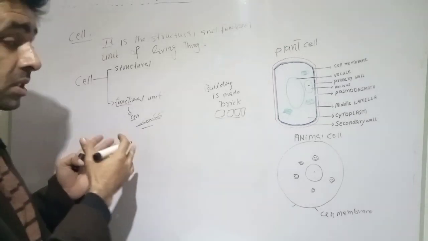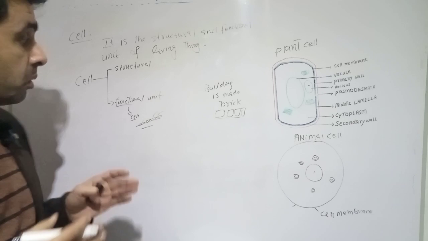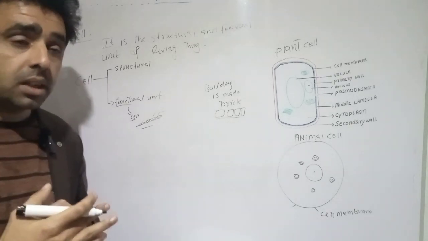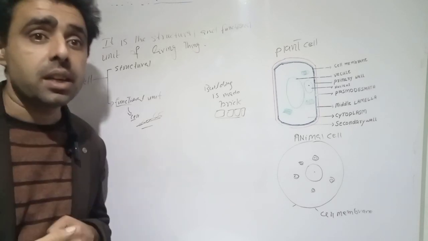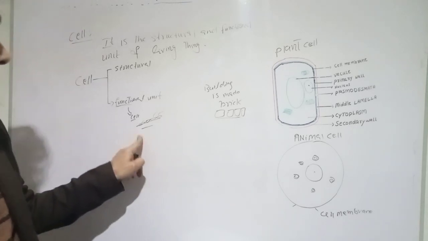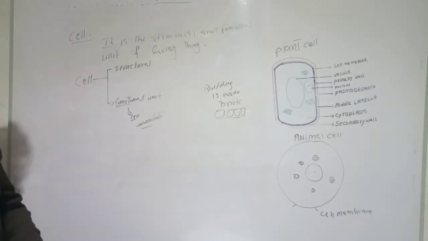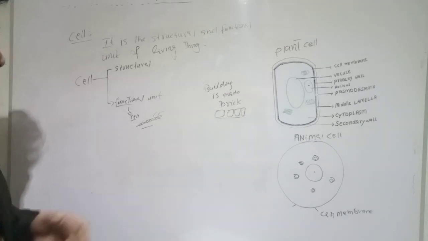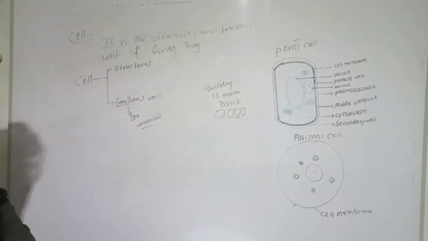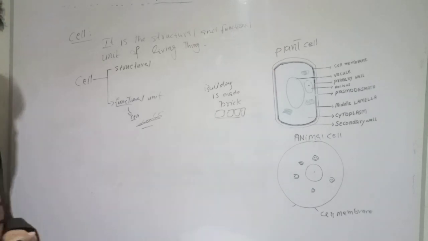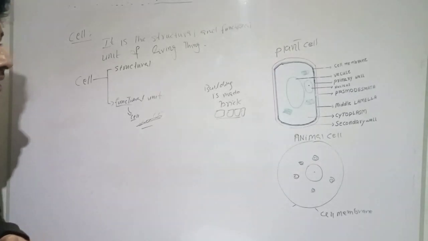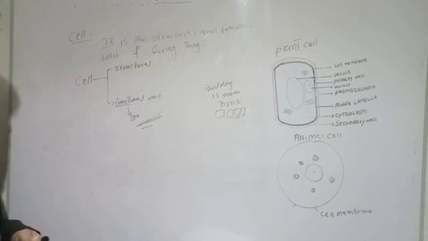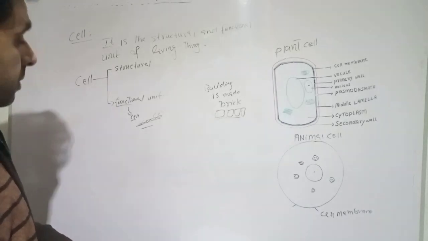Muscles are composed of cells, so we can say muscles are working, or that cells are working. That's the example to determine the functional unit, meaning how a body is functioning and how its unit is working. I think I have cleared the topic.